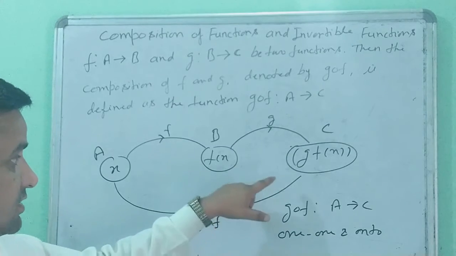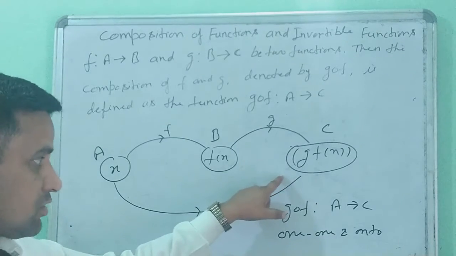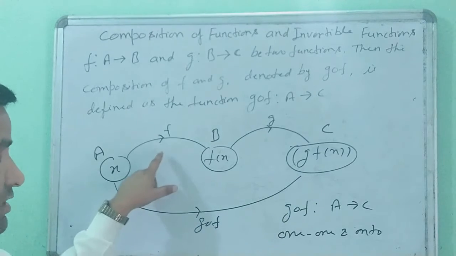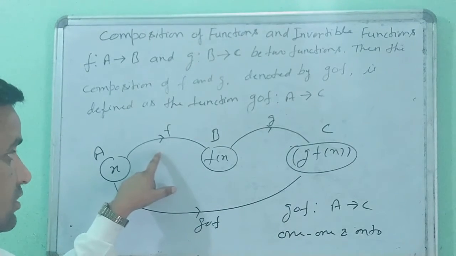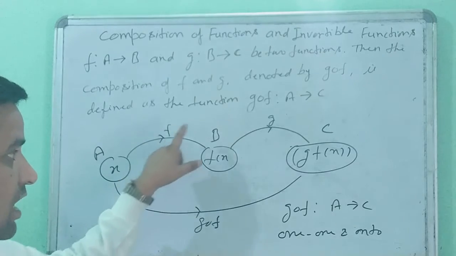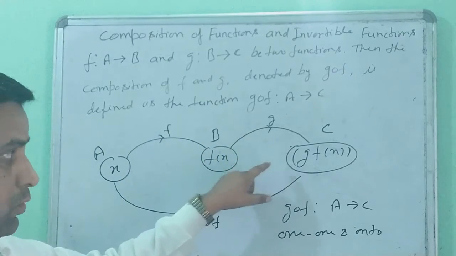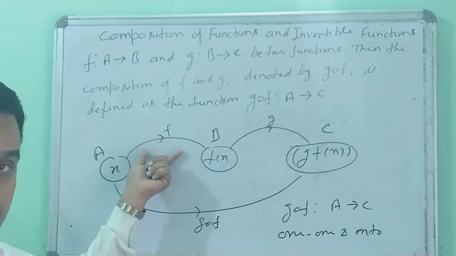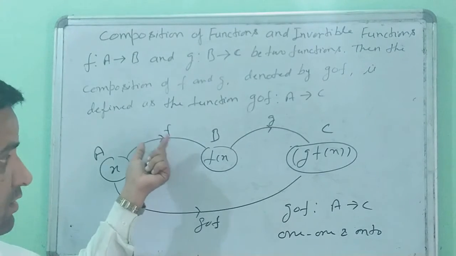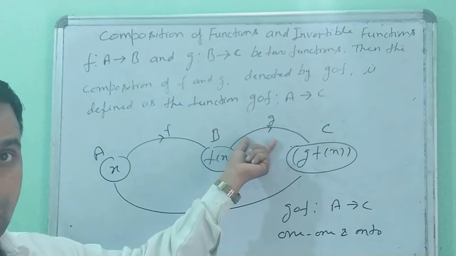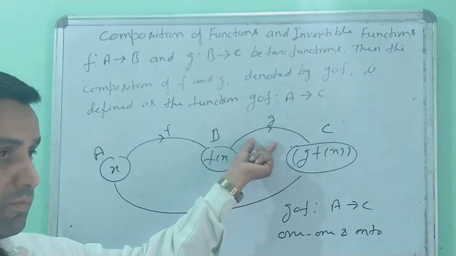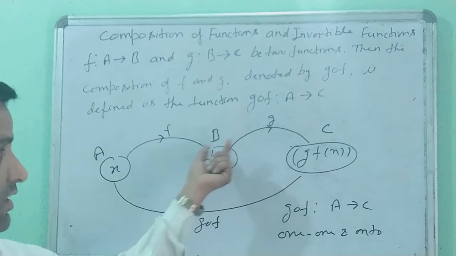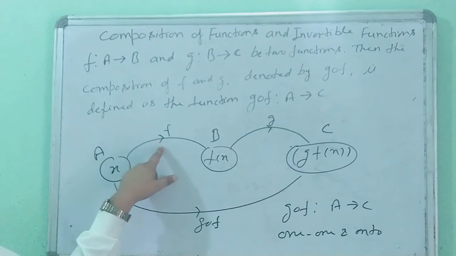But suppose the condition given is the reverse of this: if GOF is a 1-1 onto function, then it is not fixed, not always, that f and g are both 1-1 onto. Maybe function f is 1-1 but not onto. Suppose function g is not 1-1 but is onto.